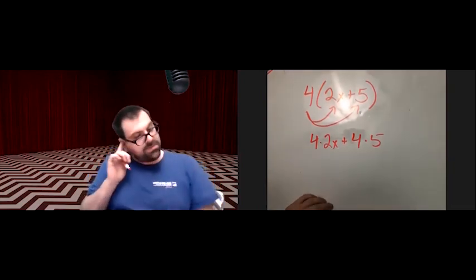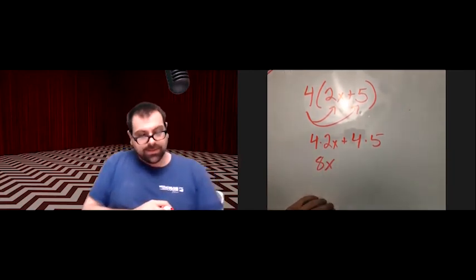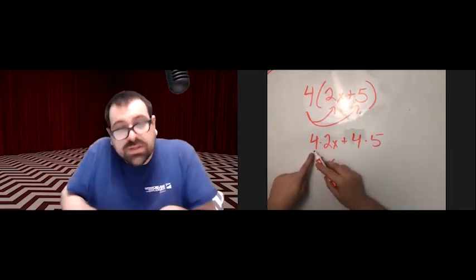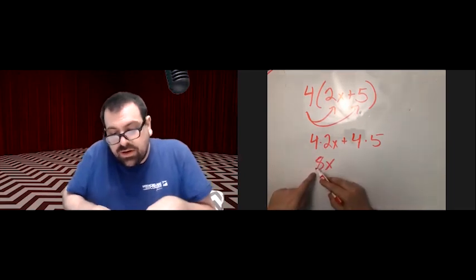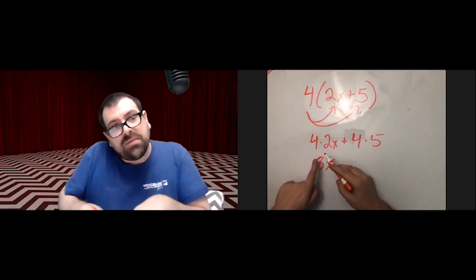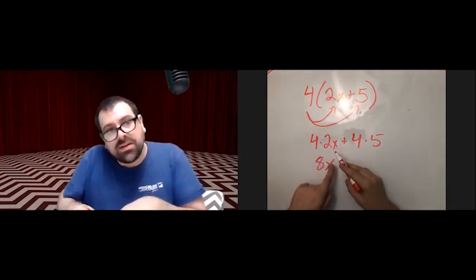4 times 2x is going to be 8x. Why? Because of that property that says we can multiply the 4 and the 2 together before multiplying by x. Because 4 times 2x is 4 times 2 times x.